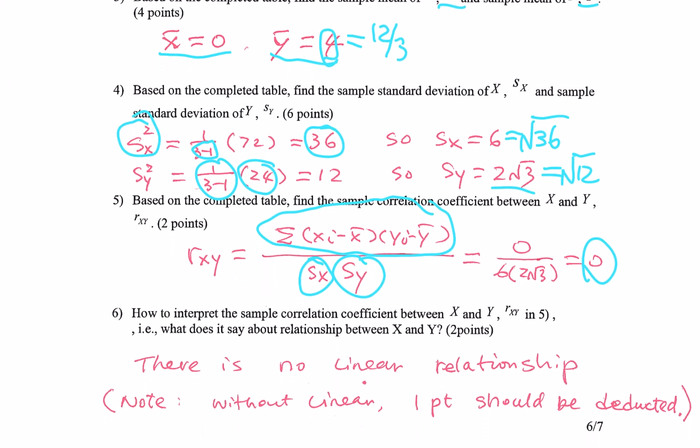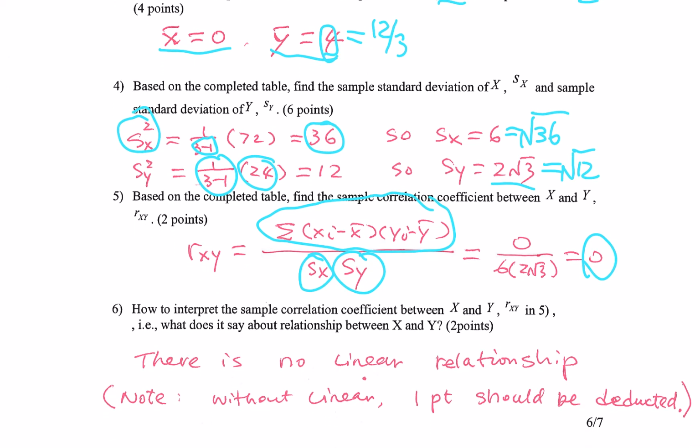And the last one asks you how to interpret this 0. Here you're going to be very careful. Okay, so we can only say there is no linear relationship, right? Because we know the correlation coefficient, this r_xy, only measures the linear relationship. Whenever it's 0, that means there is no linear relationship. You cannot say there is no relationship, right?